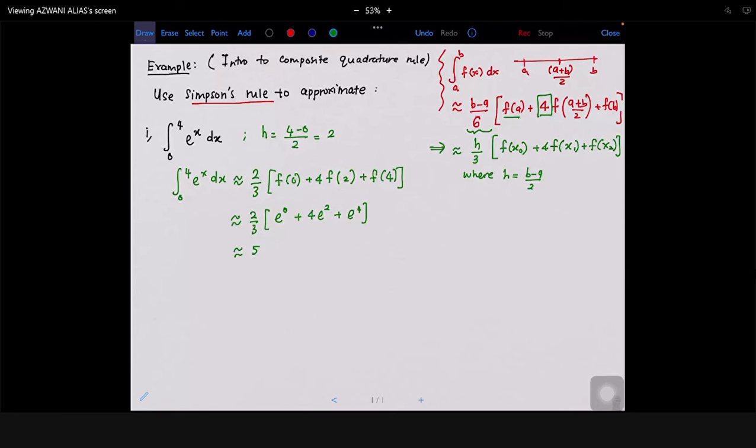Esok ada midterm, so ready your calculator and kertas untuk kira. You akan dapat 56.7695. Betul? Dapat tak?